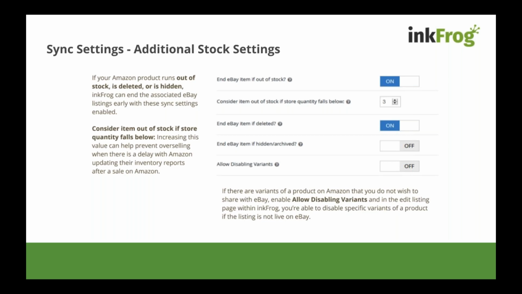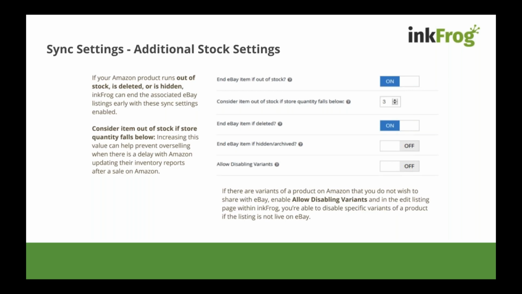If you want the same thing to happen with that item on eBay, then you would want to select that option to on. One thing I would caution here is if you use the end eBay item as hidden/archived only for when a product goes out of stock, and that's the only time you use it in Amazon, I would recommend leaving it to off because you already have your end eBay item as out of stock feature selected to on.